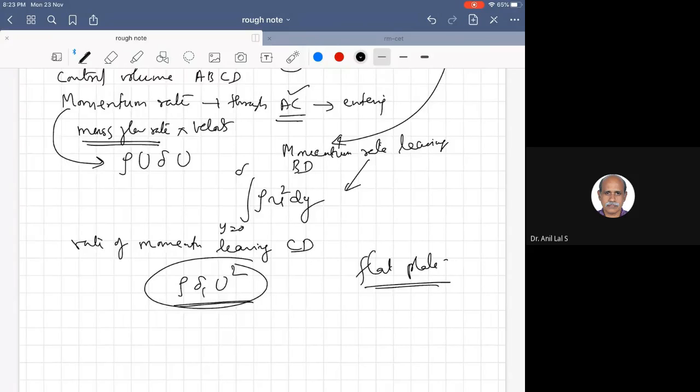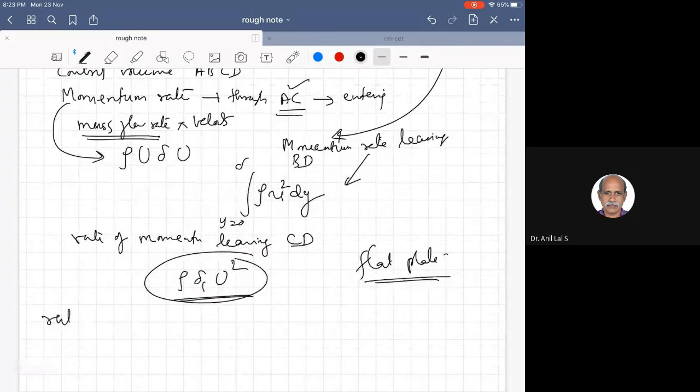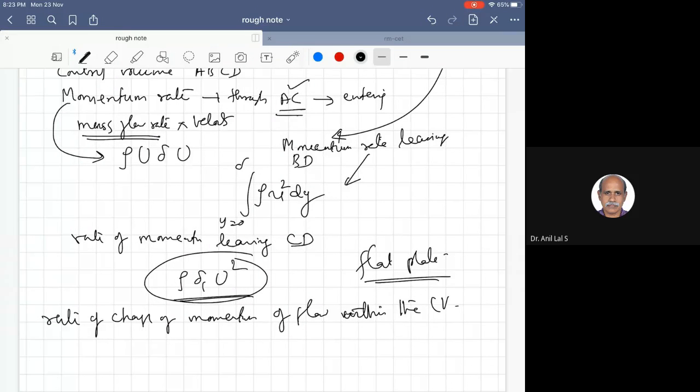So how do you consider the momentum balance, or the rate of change of momentum of flow within the control volume ABCD? What is entering is rho capital U square delta.